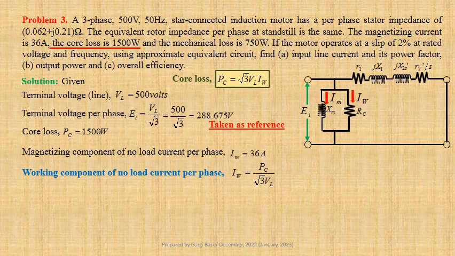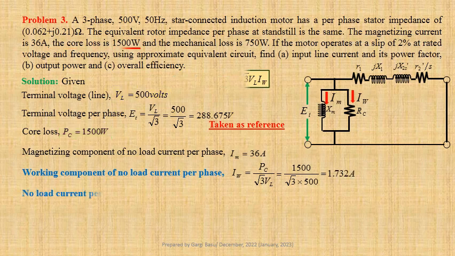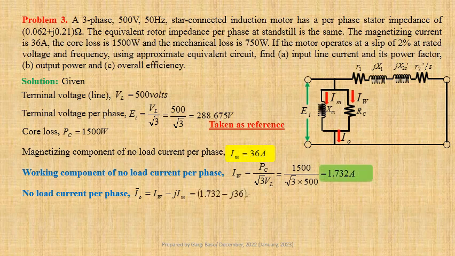Therefore, IW equals 1500 divided by root 3 times 500, that is equal to 1.732 ampere. Expression for no load current per phase I0 equals IW minus j times Im, that is equal to 1.732 minus j times 36 ampere.